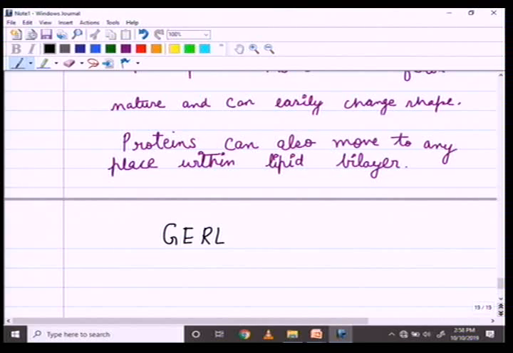I think I gave you a small hint last time we started this chapter. Does anybody remember? What is GERL? No, I'm not talking about females. GERL, or the endomembrane system.